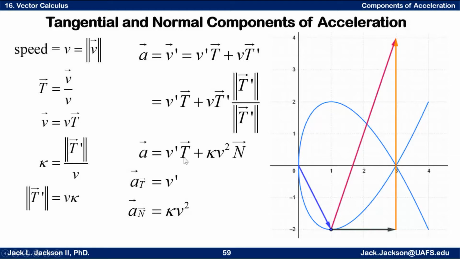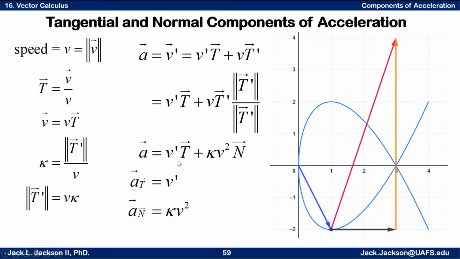Now, this T vector and this N vector are perpendicular to each other, and so we've broken this down into perpendicular components. In other words, we've broken down the a vector into the sum of two perpendicular vectors. The first vector is going in the direction of the motion, the direction of the velocity, and the second component is perpendicular to that.